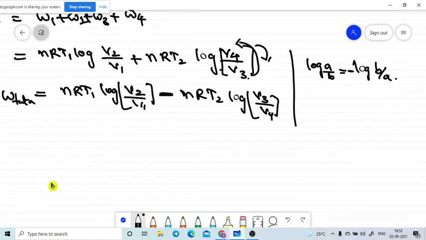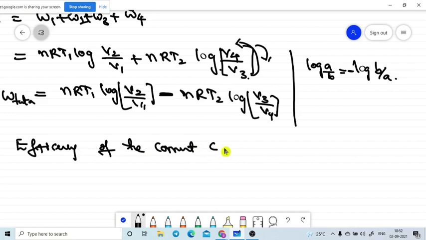So we have the total work done value, but we need to know what the efficiency is. What is the efficiency of the Carnot cycle? They will ask only this, the efficiency of the Carnot cycle. What is the formula for the efficiency of the Carnot cycle?